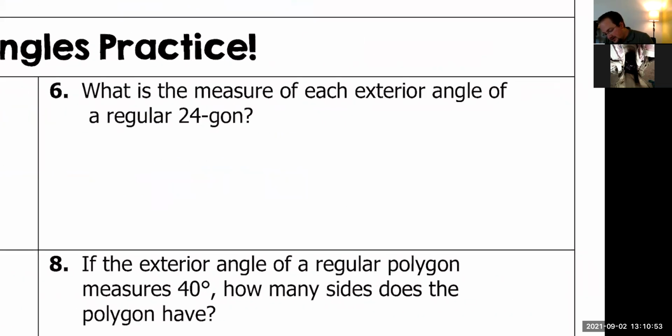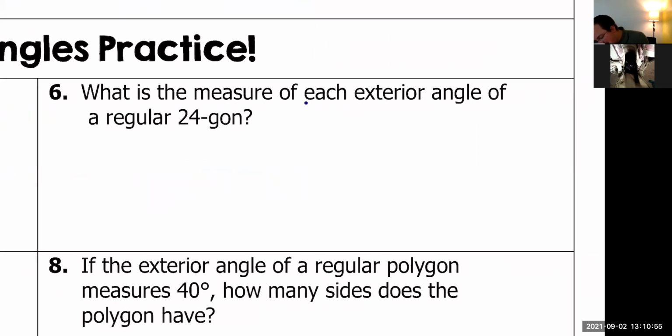Number 6, very similar process. Again, asking for each exterior angle. So it is important that we know that it is a regular 24-gon. Not a cool name, but at least it tells us how many sides it has.